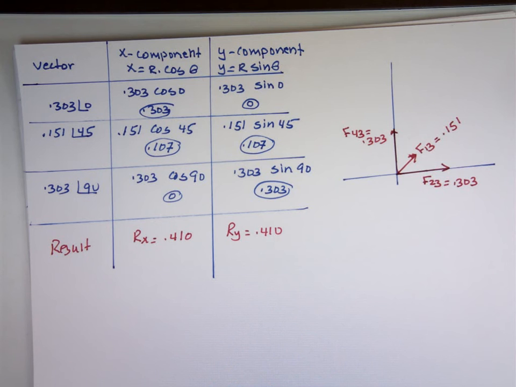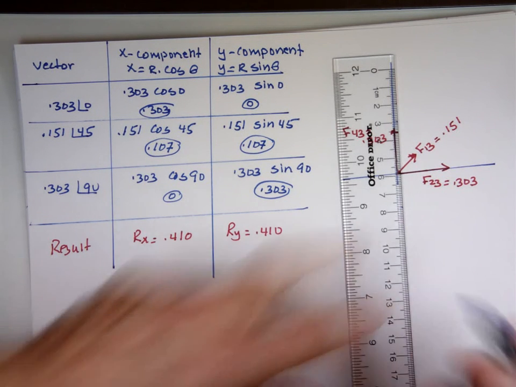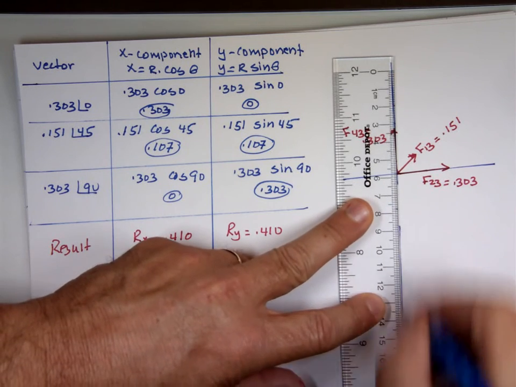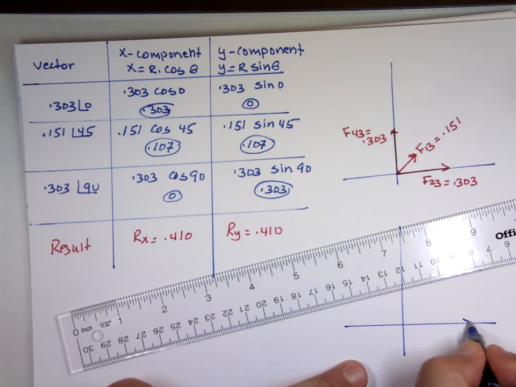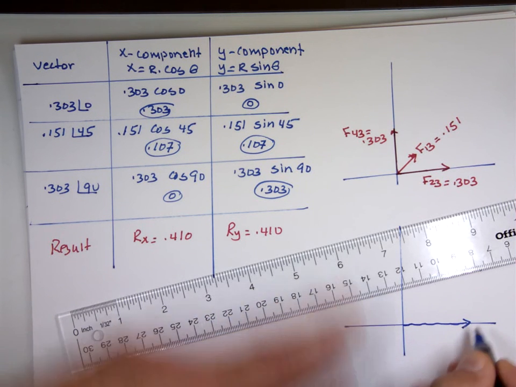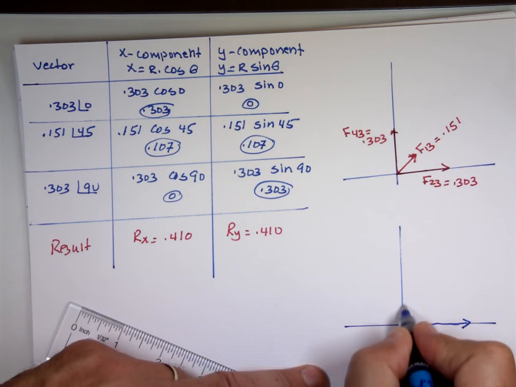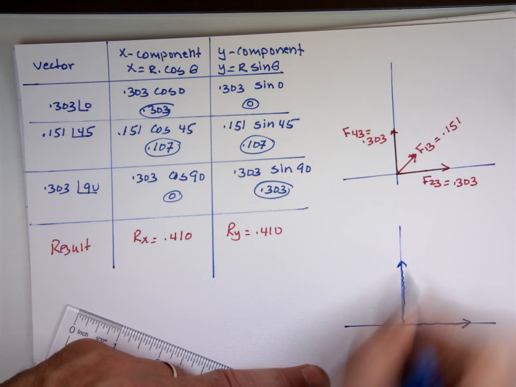So again, looking at it, which quadrant am I going to be? It looks like quadrant 1, I'm good. If I'm in quadrant 1, I got an x value in this direction. I got a y value in this direction, and the net result is going to be in the first quadrant.